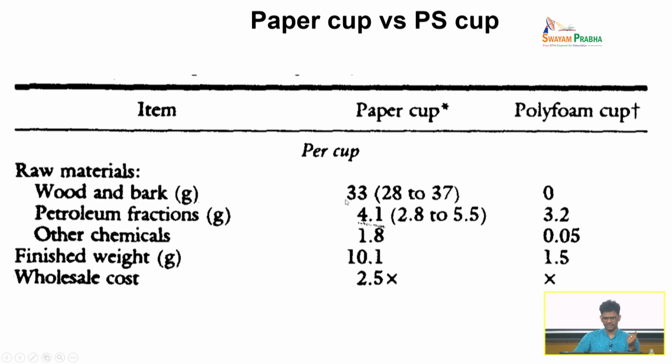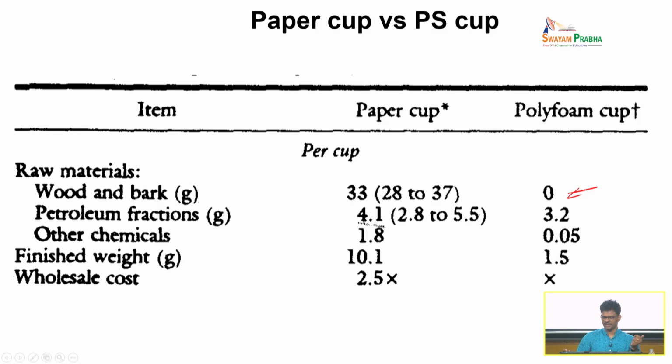For the case of paper, you need wood to the tune of some 33 grams for 1 cup, and petroleum fractions about 4.1 grams, other chemicals, a lot of inorganic chemicals, about 1.8. The finished final cup will weigh about 10.1 grams.